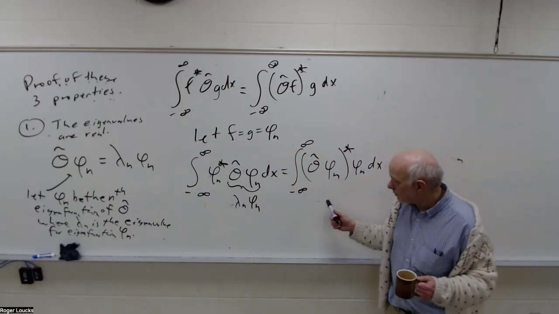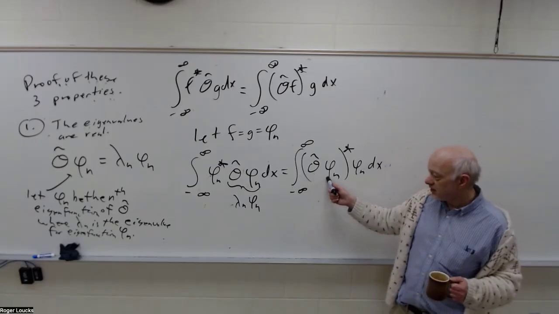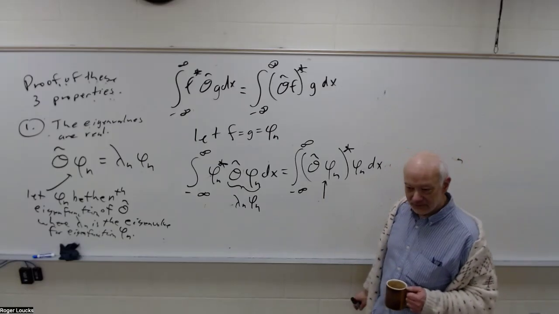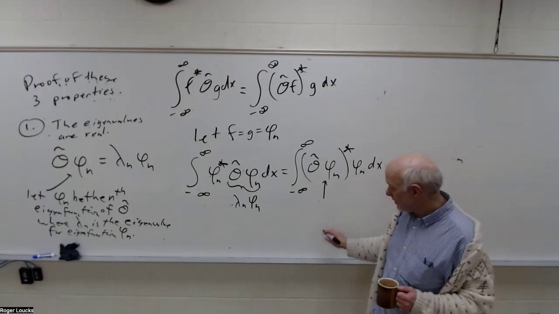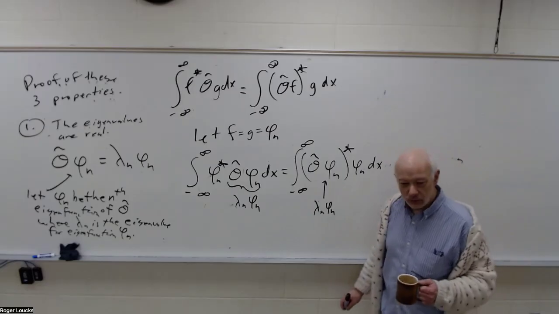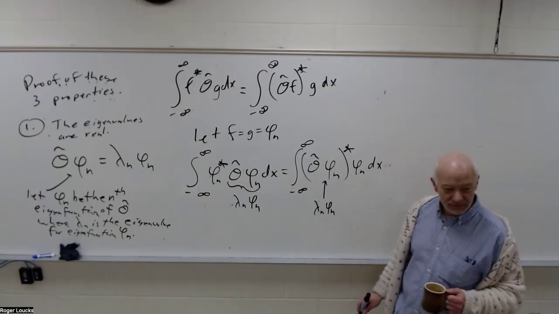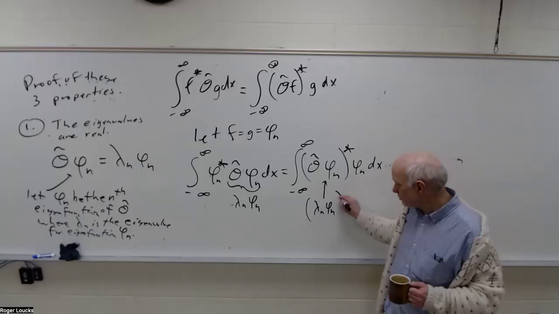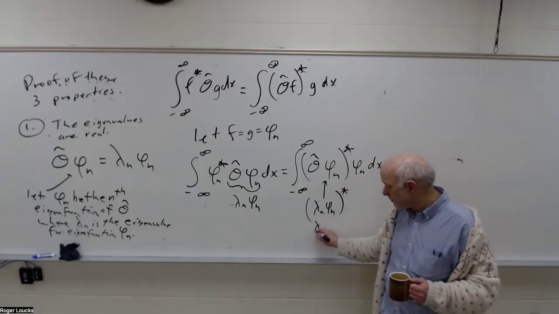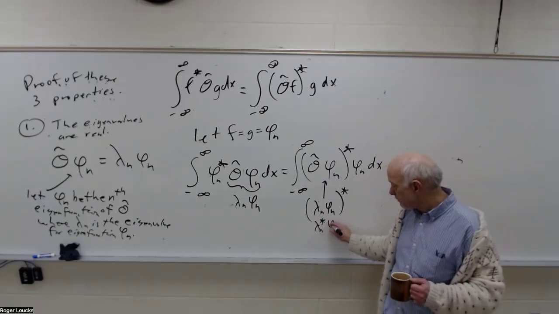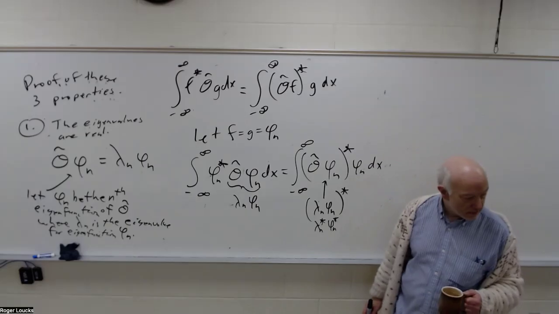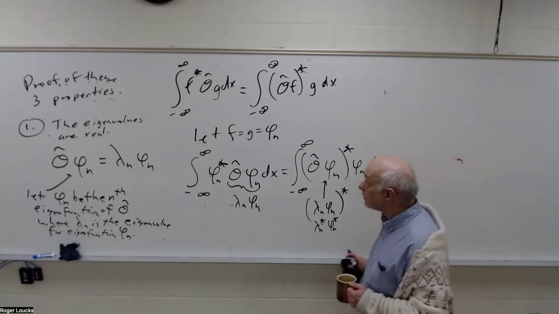And what happens over here? O is acting on phi n, which equals lambda n phi n. But what else are we doing to this? We're taking the complex conjugate of that whole thing, which equals lambda n star phi n star. So now let's put this all together.